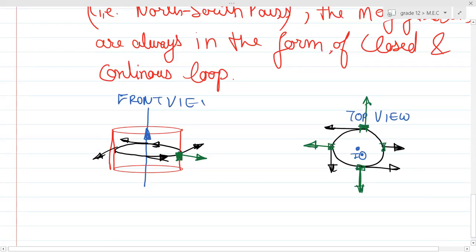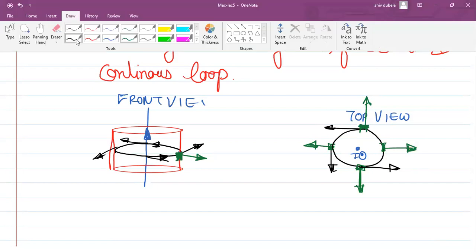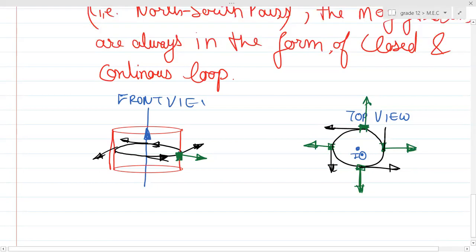And over here, in this direction? Will the area vector be going in this direction? Yes or no, guys?